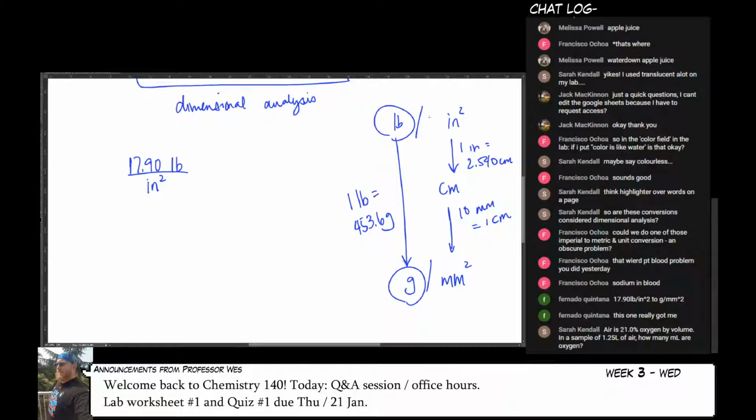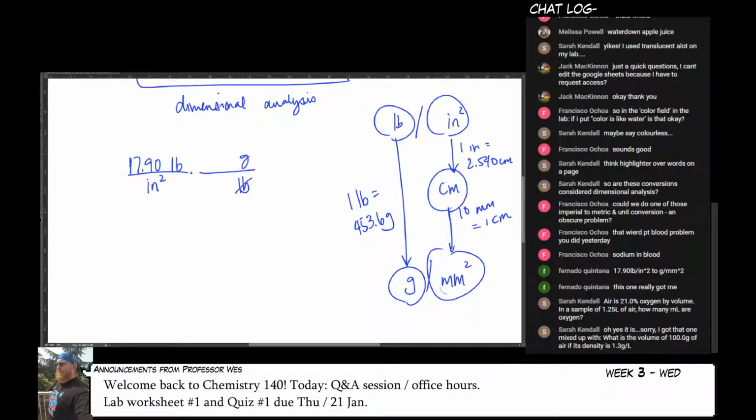So let me set up all the units so that we can cancel them out here. Let's start by getting rid of this pounds first. So we'll turn pounds into grams. I'm going to try and slide this over so I have more space. Okay.